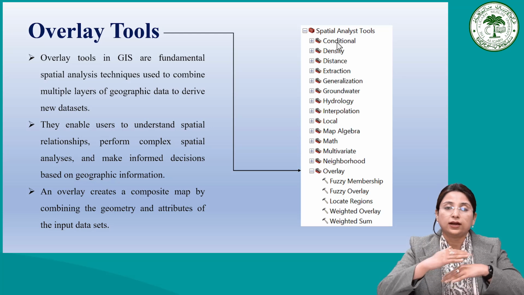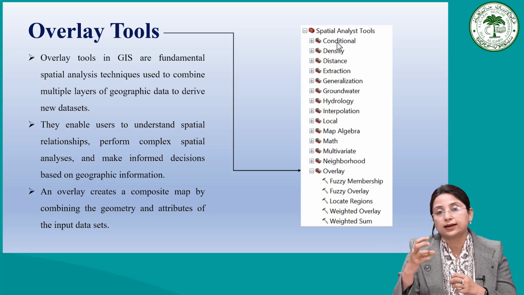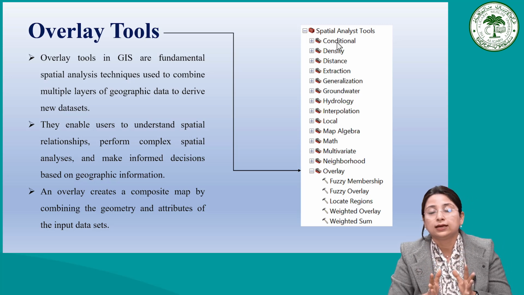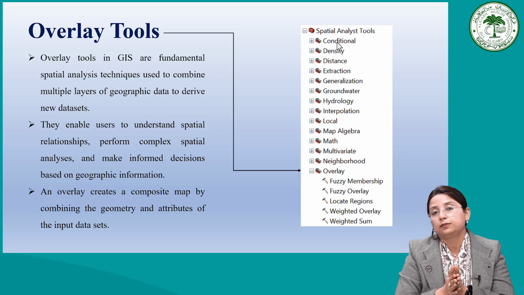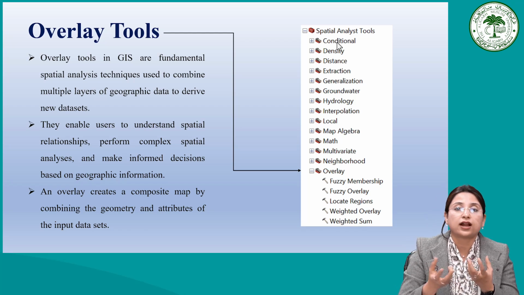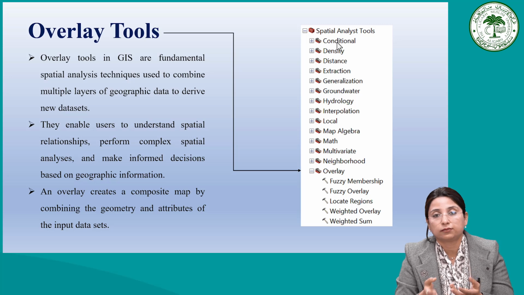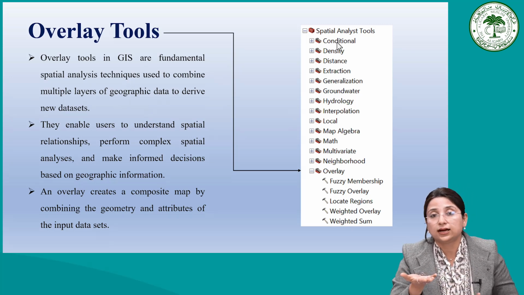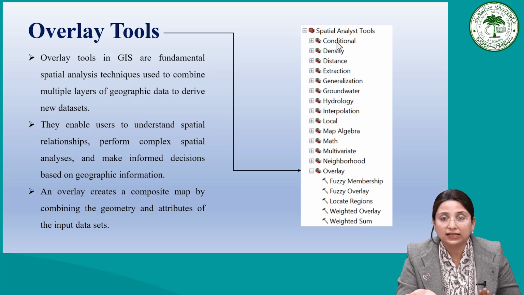By overlaying all these, you can get certain information on where new road networks can be planned in order to minimize the congestion or traffic jam for the particular place. That is what we can say is overlaying. After overlaying, we are creating a new data set, we are modifying the data set.